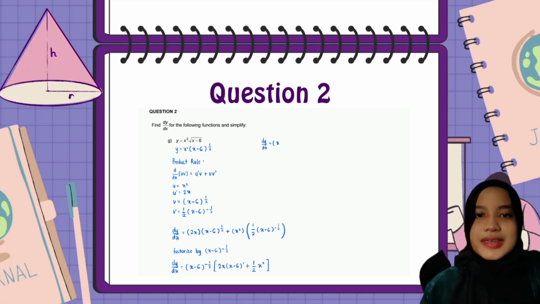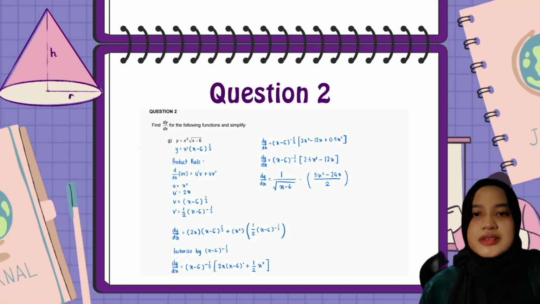Now we expand and combine like terms inside those brackets. Moving the negative exponent back to the denominator as a square root and converting the decimal into a clean algebraic fraction gives us a final simplified result, which is dy over dx equals x times (5x minus 24) over 2 square root of x minus 6.